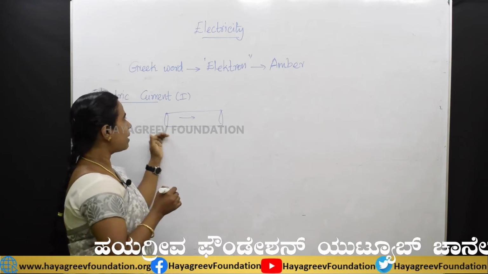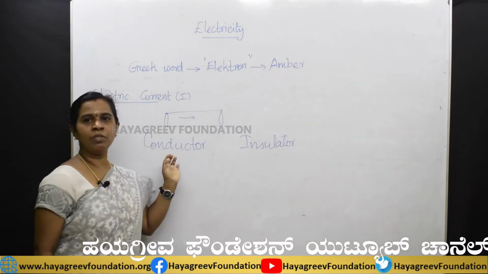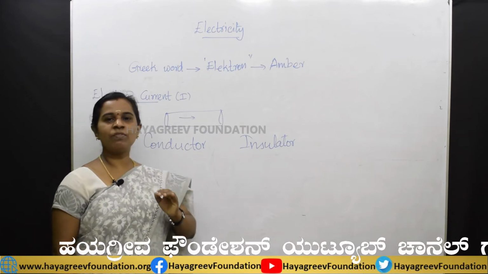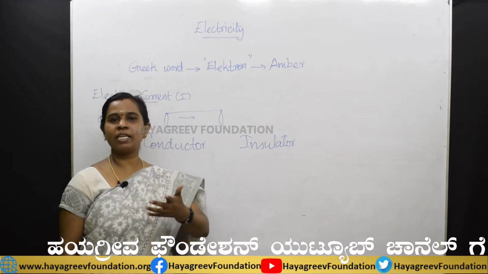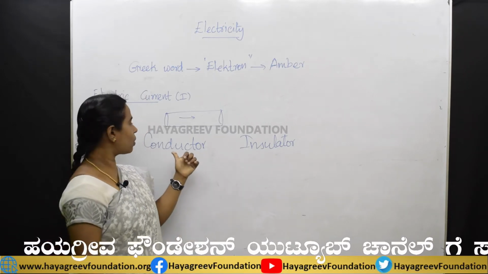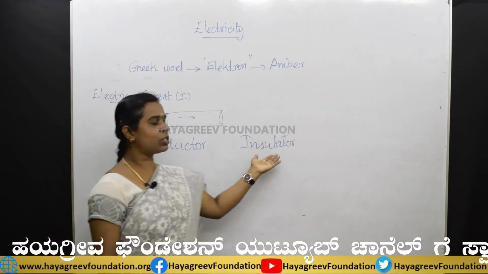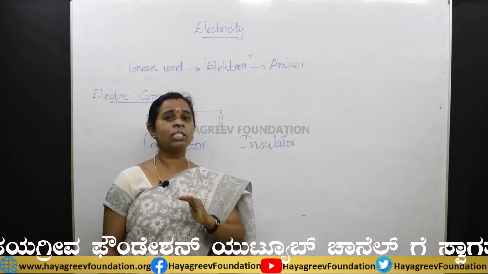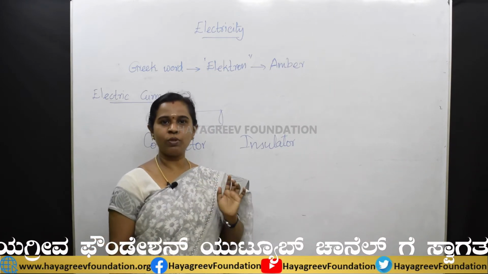So what is meant by conductor? A conductor is nothing but something which allows the passage of electric current, or allows the passage of charges. Next, insulator. What is an insulator? An insulator is something which does not allow the passage of electric current.